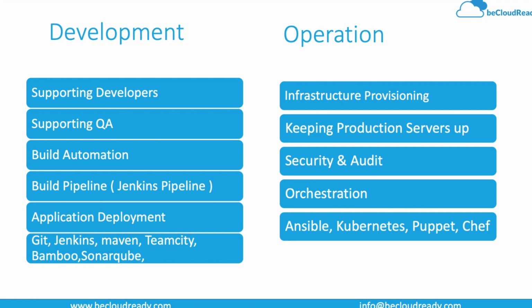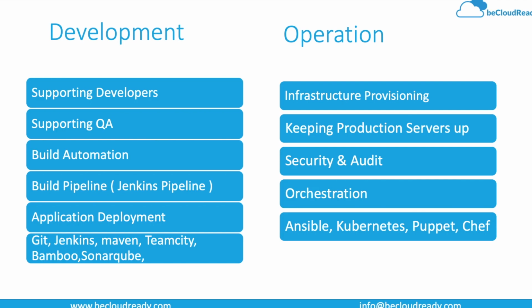Development or operation, again a similar chart. On the development side, as a DevOps engineer you'll be supporting developers and QA, doing build automation, making build pipelines, also known as Jenkins pipeline or CI/CD pipeline, and maybe small application development.